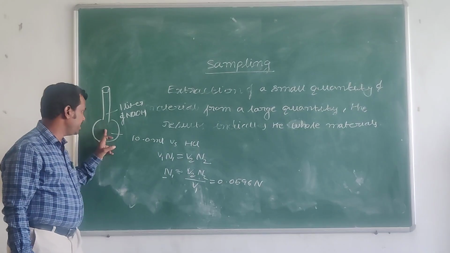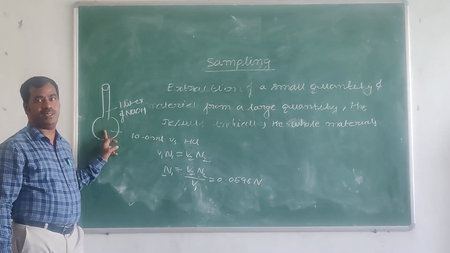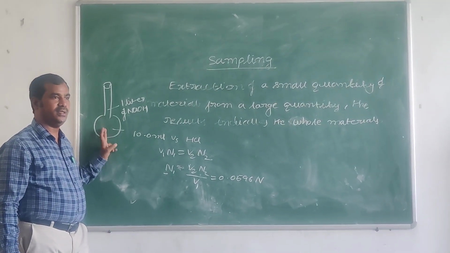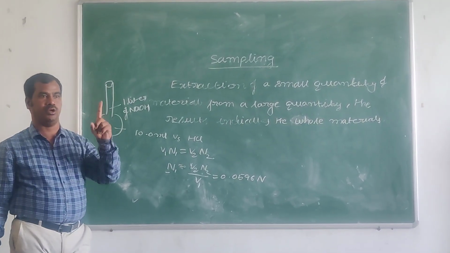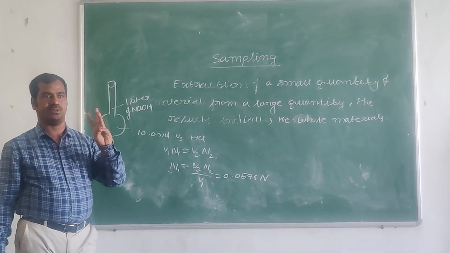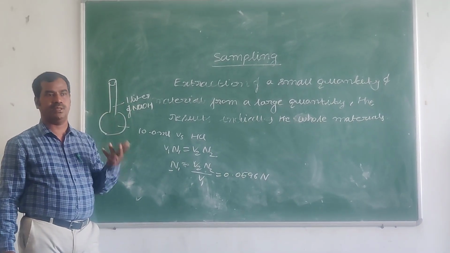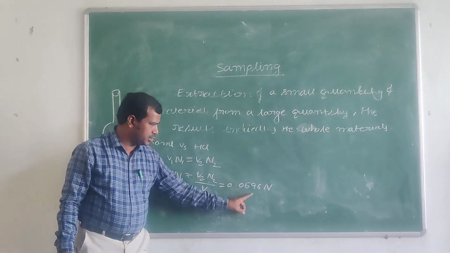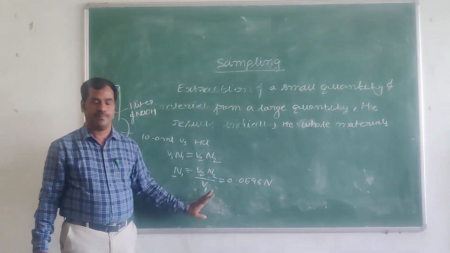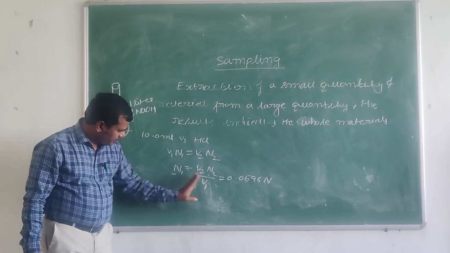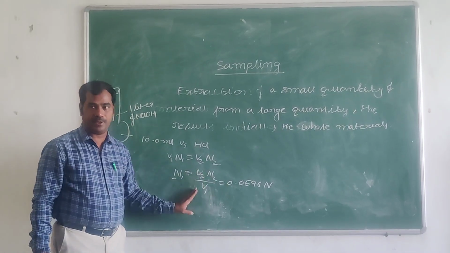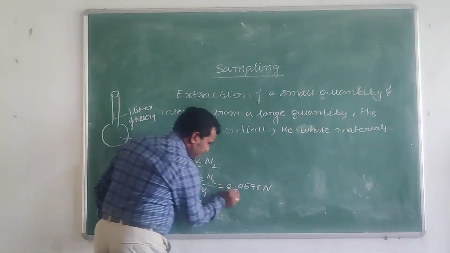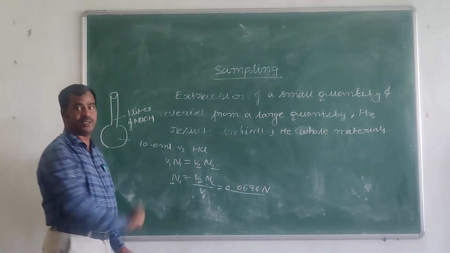We want to standardize this 1 liter of sodium hydroxide because it is a secondary standard. From this we take 10 ml only, or 3 times 10 ml, 30 ml. So for 10 ml the N1 value is 0.0469. This value represents this 10 ml, and the concentration is considered as the whole solution.